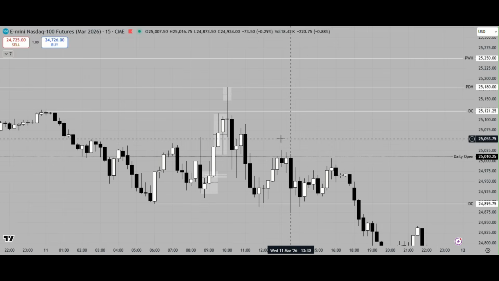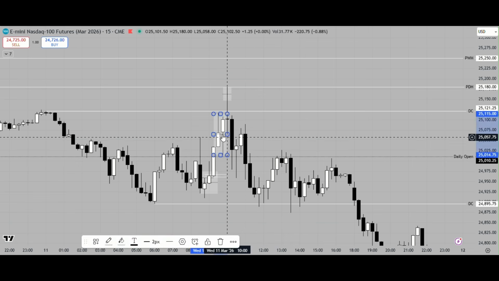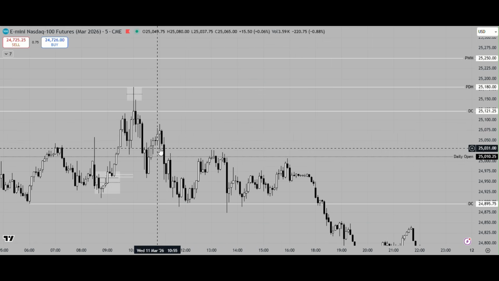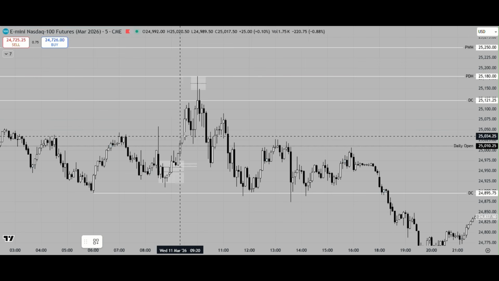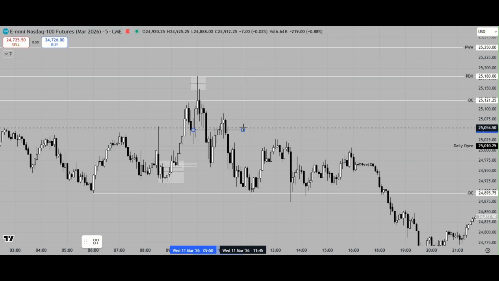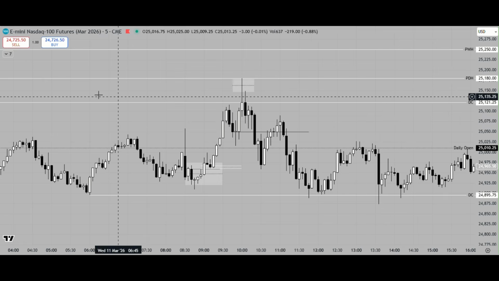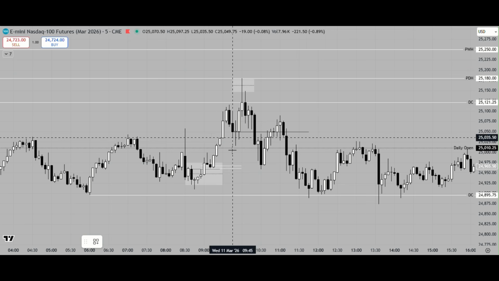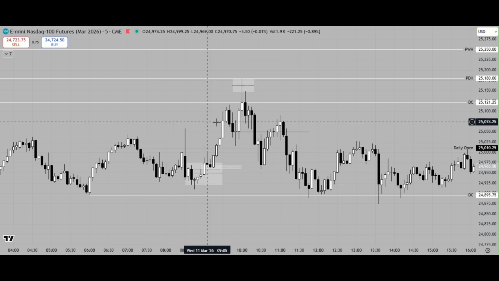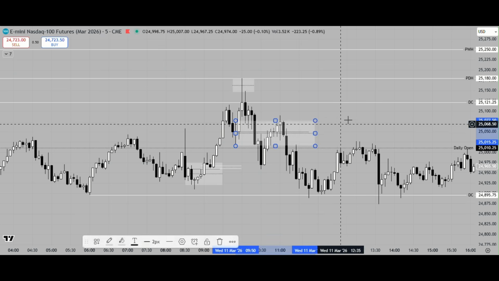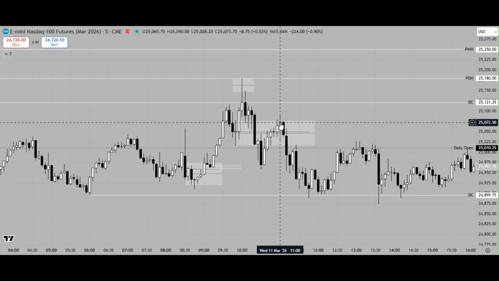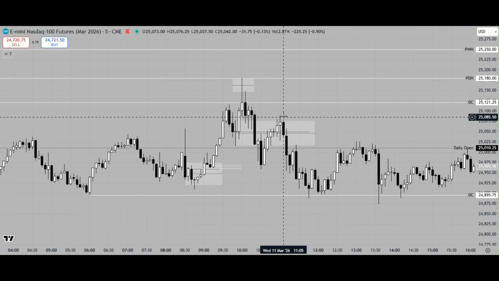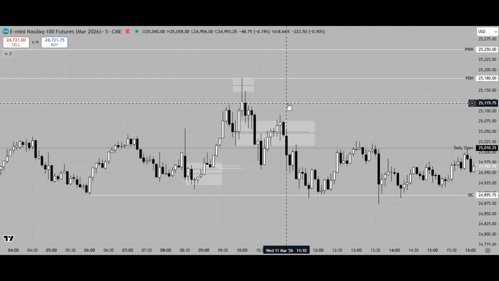So there was actually a valid SMT followed with a CISD, and whenever this breaker doesn't hold resistance, if it would have closed like one leg higher, you could have longed.